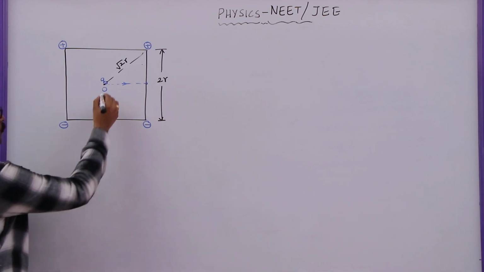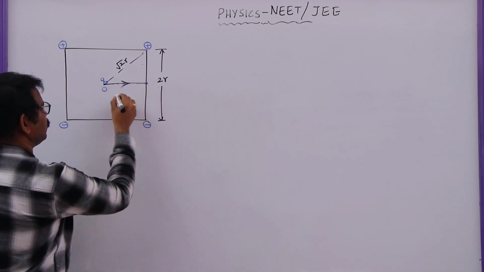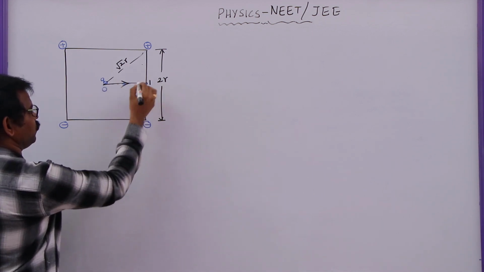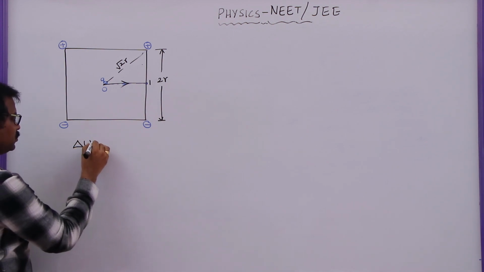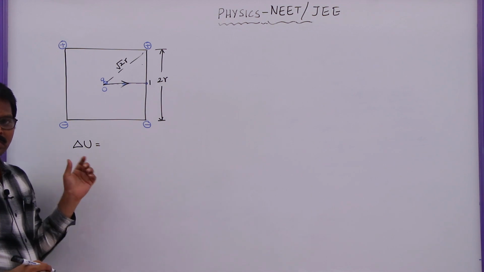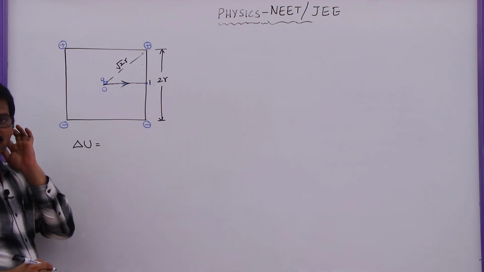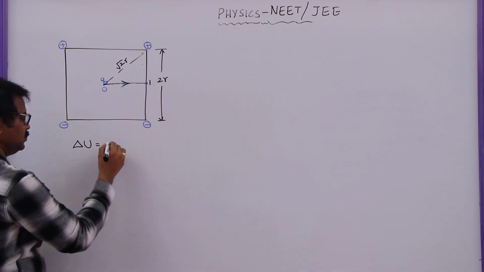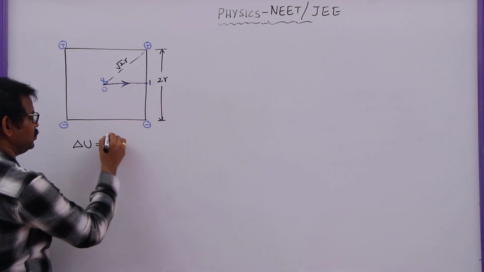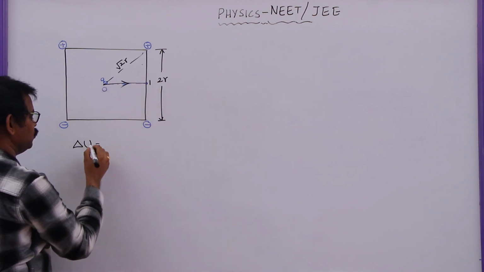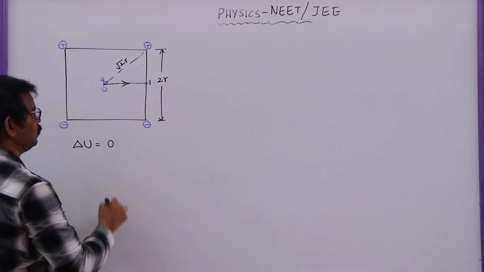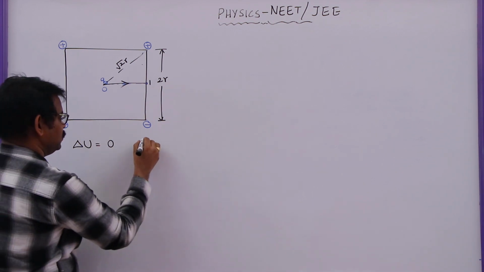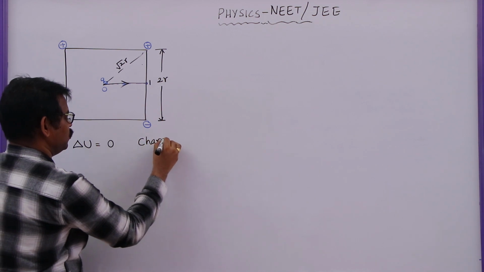Now, if I want to move the charge from O to point 1, what happens? What is the change in potential energy? Here the change in potential energy is equal to the work done by the external force, that is, the work done when the charge is moved from O to 1. So this is 0. Why?